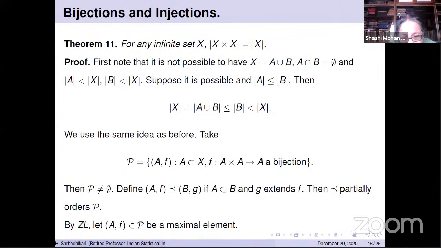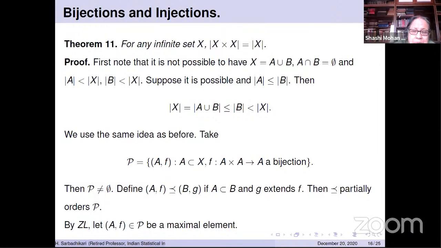It is non-empty, because X being infinite has countable subsets, and for any countable subset A there will be a bijection F from A cross A to A. We have proved that. BG comes after AF if B is larger than A and G extends F.